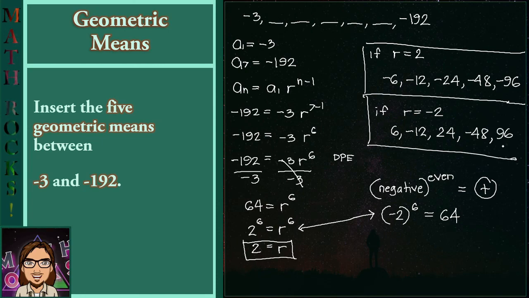Now, if you would like to check whether this negative 2 actually gives us the correct answer, we may multiply this with 96. That actually gives us the other given, negative 192. So this justifies that negative 2 is another possible value of the common ratio r.